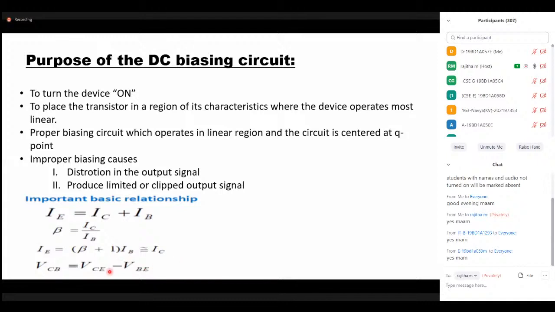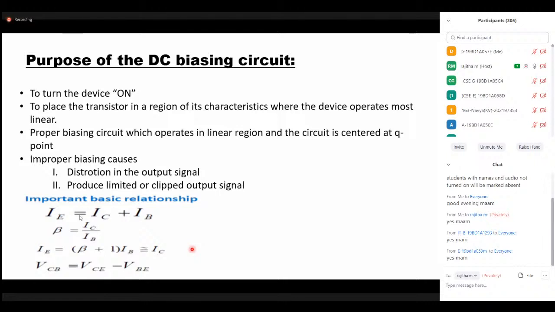Now, if I apply KVL in the transistor, the collector to emitter voltage VCE is equal to the base to emitter junction voltage VBE plus the collector to base junction voltage VCB. If I require the output voltage, then the collector to base junction voltage VCB is equal to VCE minus VBE.